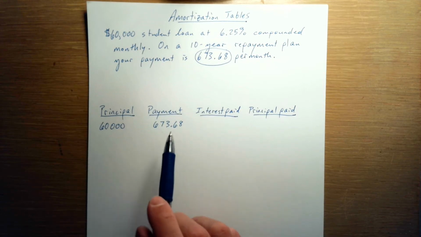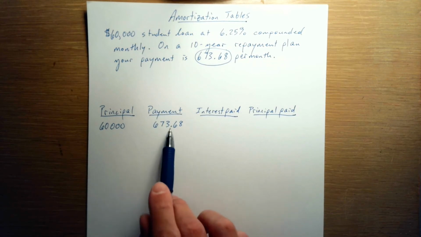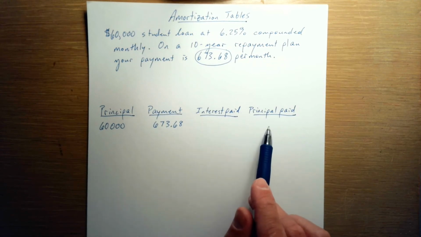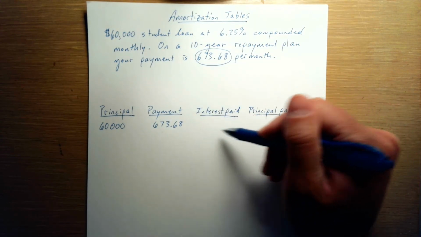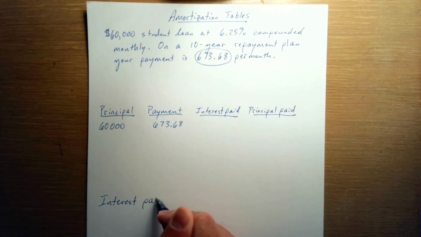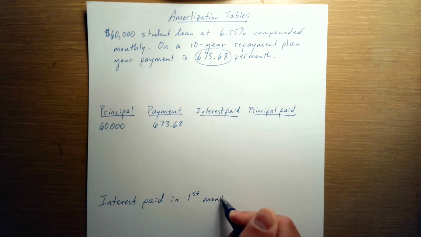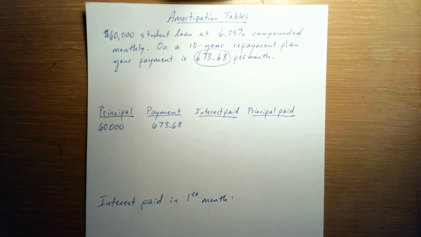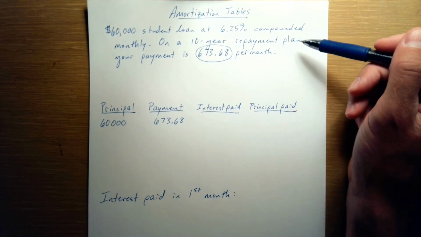So what we need to figure out next is, out of this payment, how much of it goes toward interest and how much goes toward principal. So I need to figure out how much interest is paid in the first month. So I'm going to go here to kind of a sub-problem, and I want to know how much interest I actually paid, but just in the first month. Not over the entire course of the loan, just in the first month. And so we have to remember that this is a compound interest account.